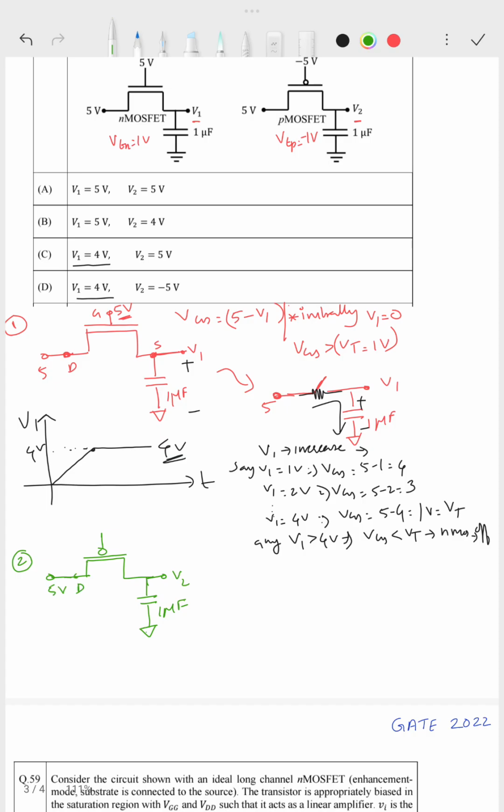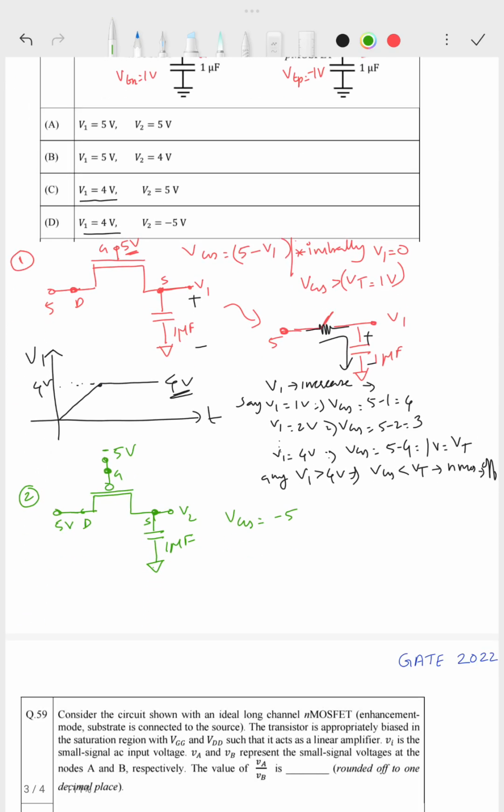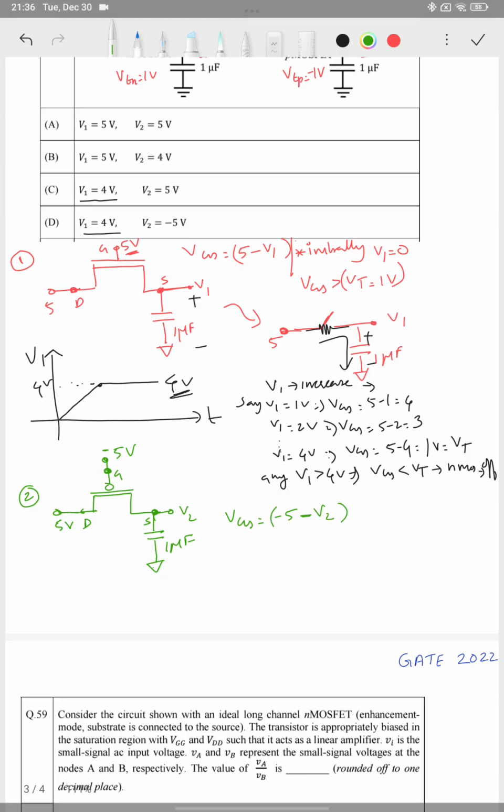So this is the drain, this is the source, and this is the gate, and at gate I have minus 5 volt. So what is VGS here? VG is minus 5 volt, and S here is V2, so VGS is minus 5 minus V2.